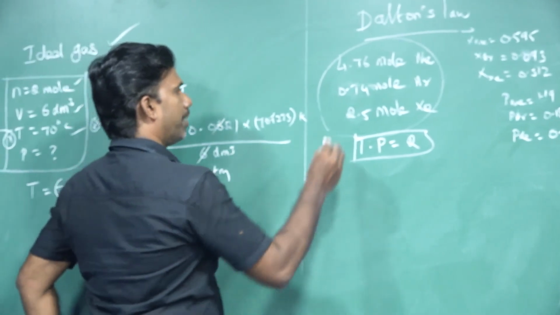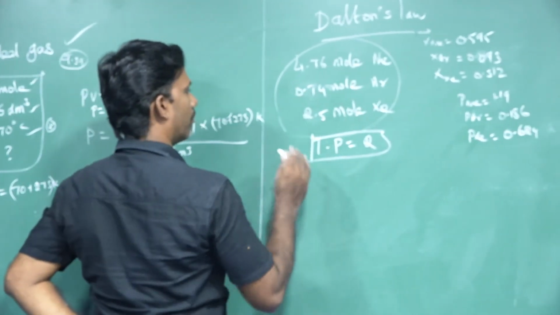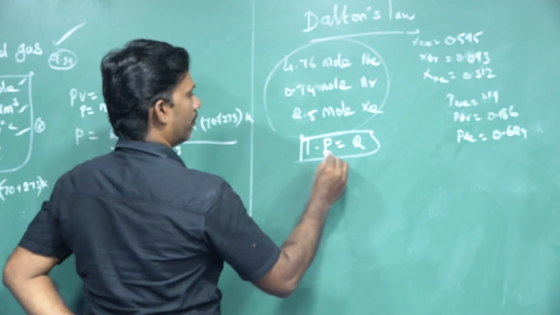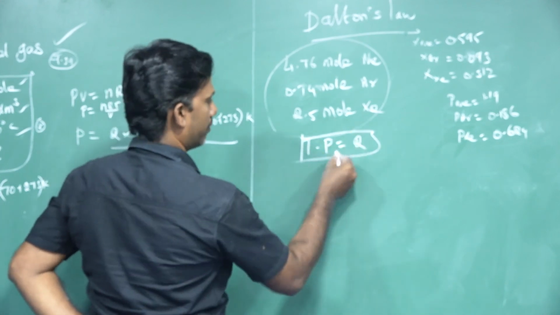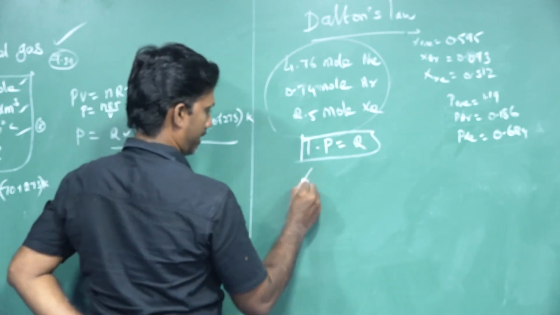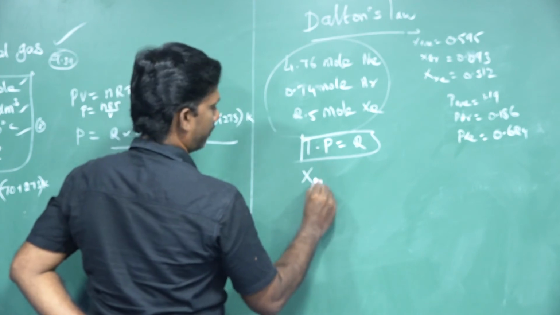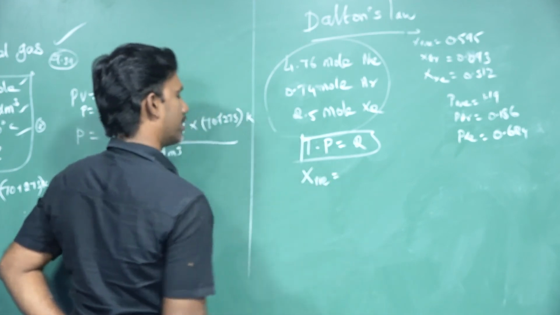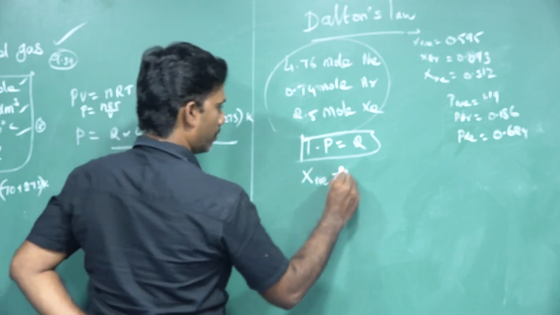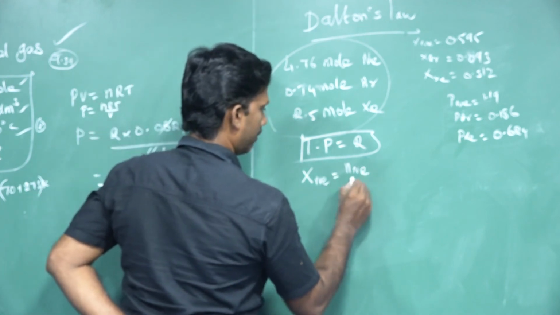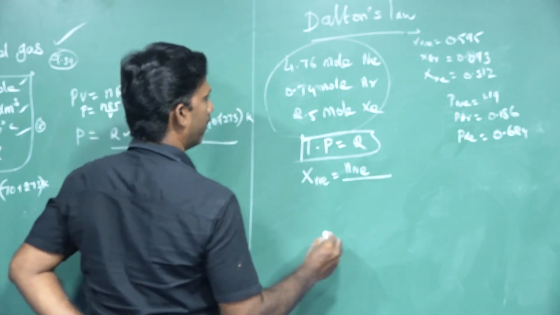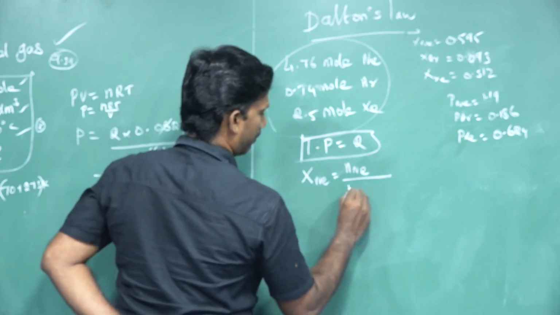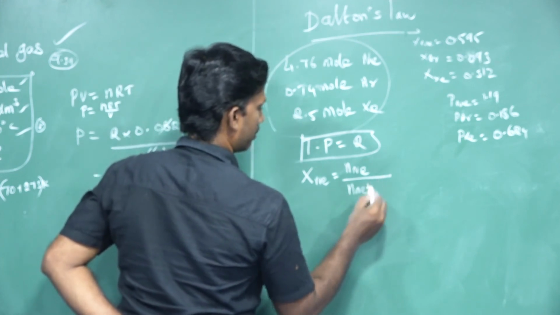Okay. So by using the number of moles, we are going to find the mole fraction first. Mole fraction of Ne means number of moles of neon divided by the total number of moles. That is the formula, no?